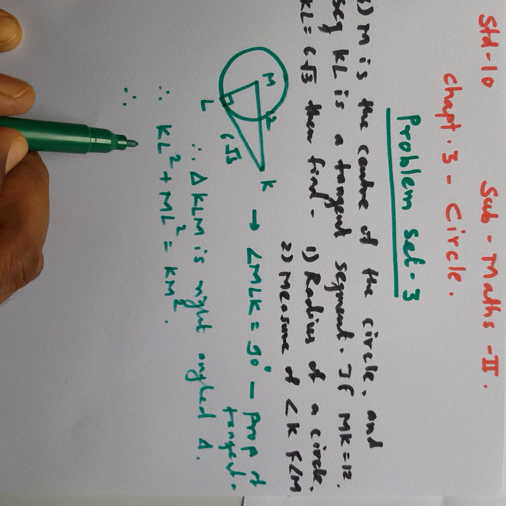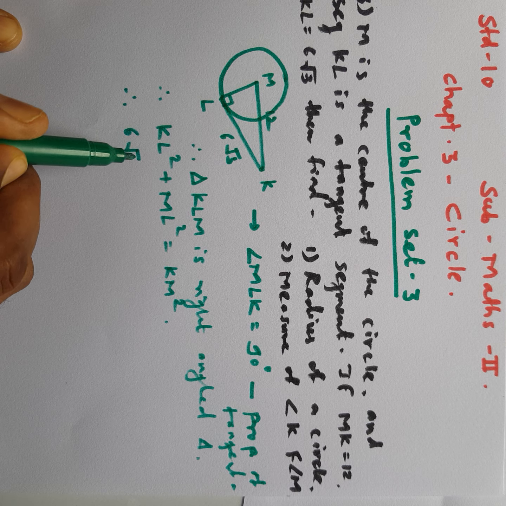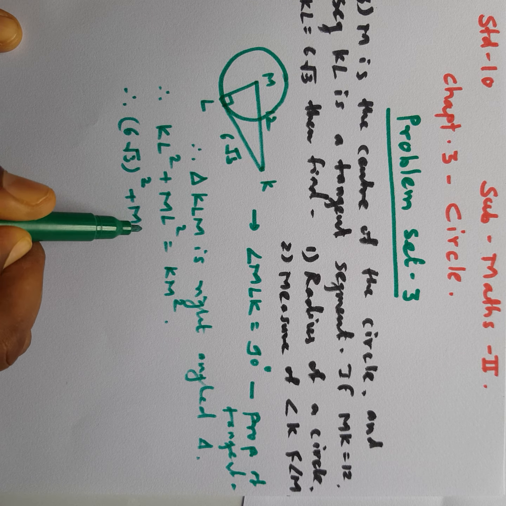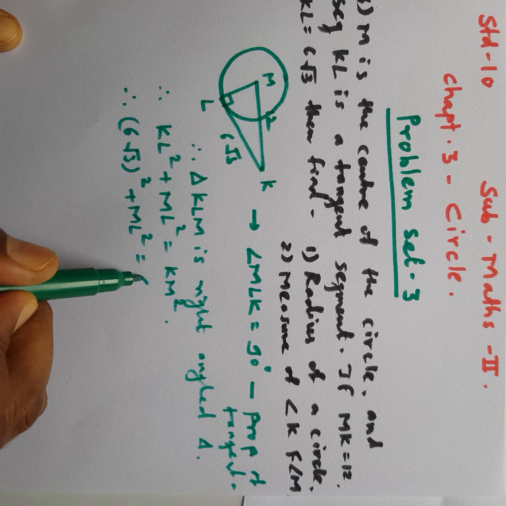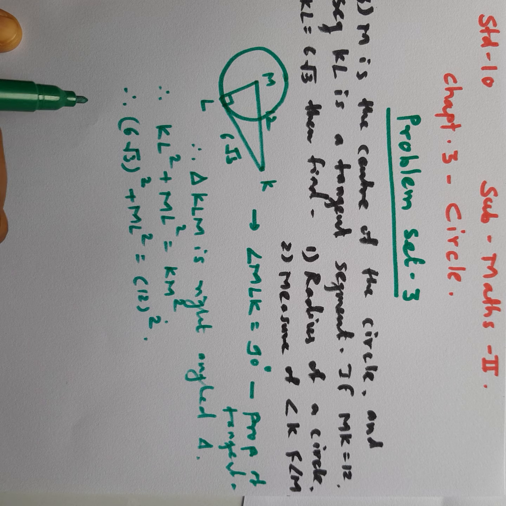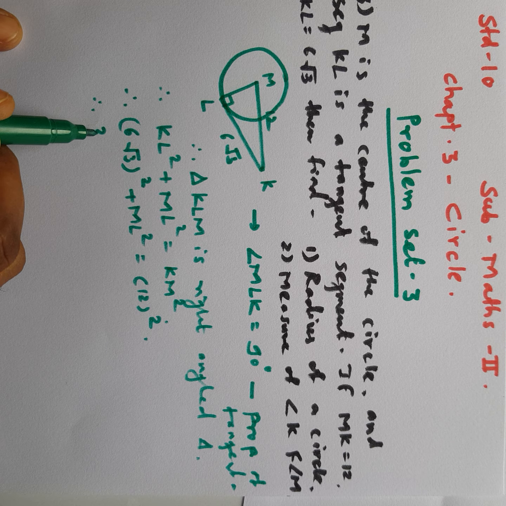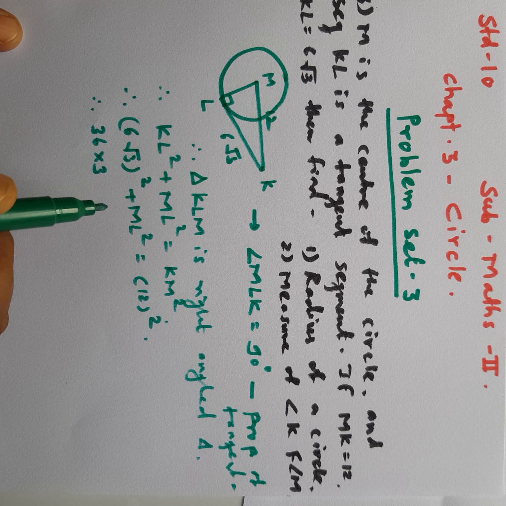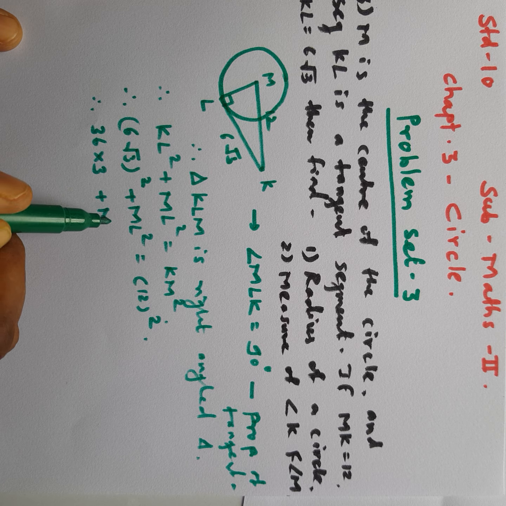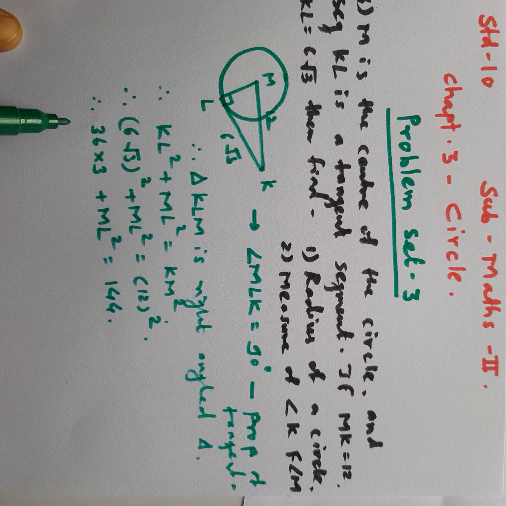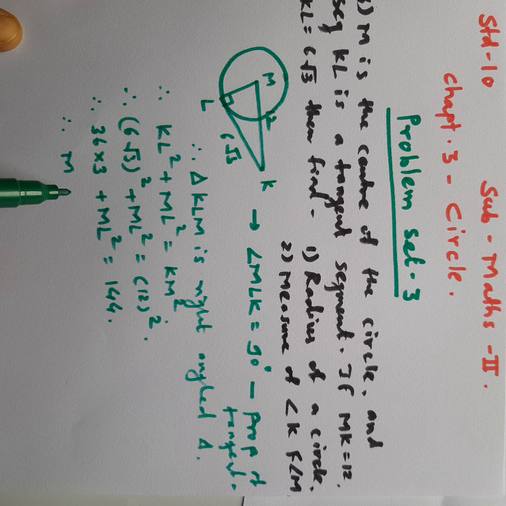Therefore, (6 root 3) square plus ML square is equal to 12 square. Here the square of 6 root 3 is equal to 36 into 3, plus ML square is equal to 144.